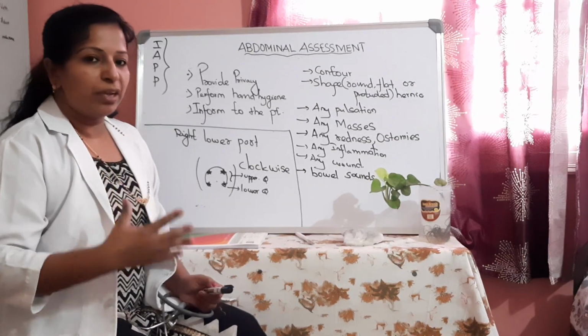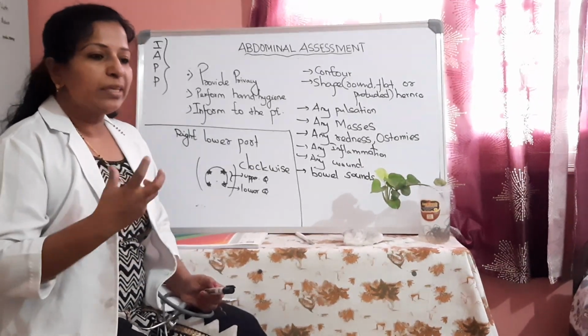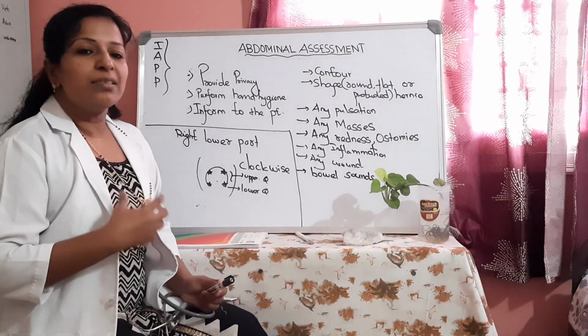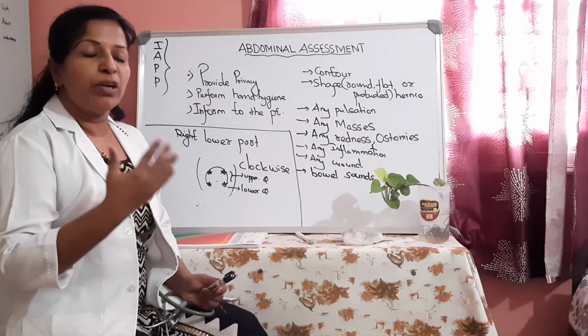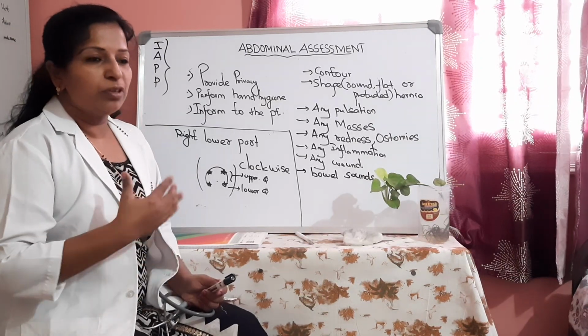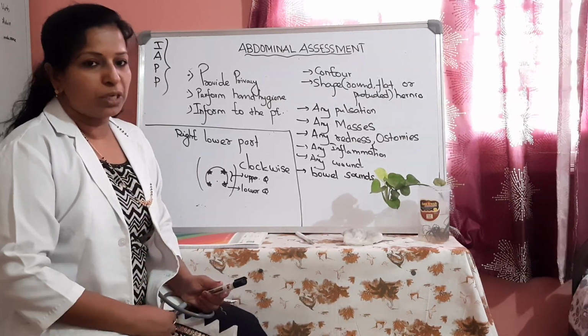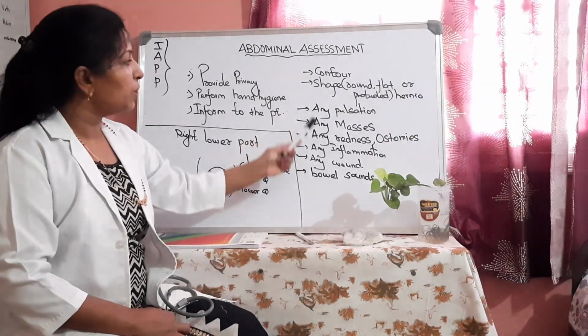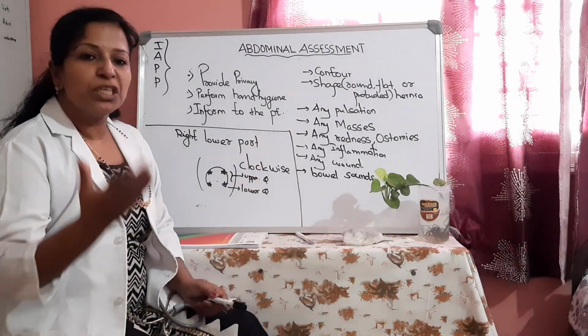In case of hernia it will be protruded, or in case of any mass inside the abdomen it will be protruded, or in case of ascites, because of abnormal fluid collection inside the abdominal cavity, it will be protruded. So you have to assess the shape of the abdomen and any visible pulsation of the abdomen.